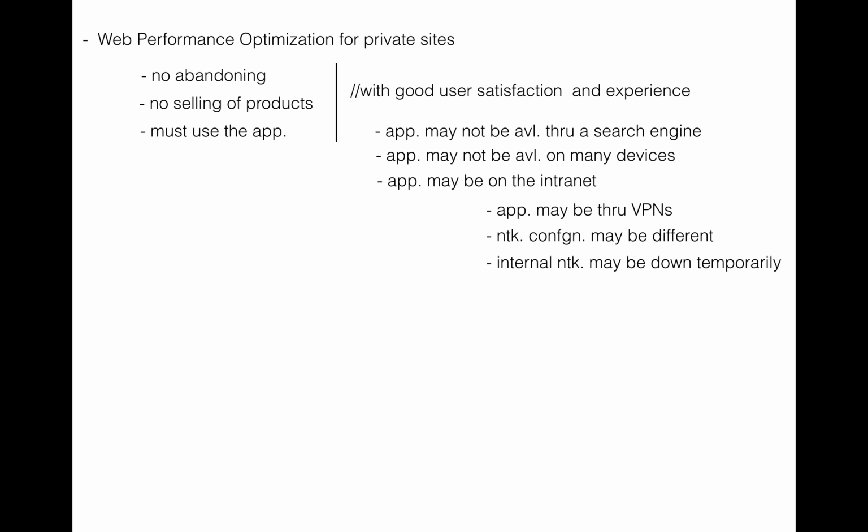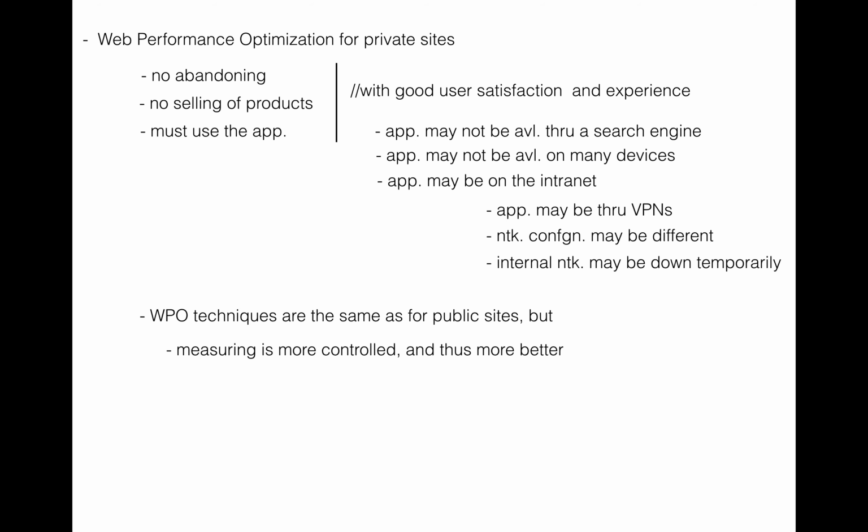Just like with any public site, we can apply the web performance optimization techniques for private sites as well, but with some minor differences. They are, number one, since these private sites are totally internal, there is more control, and hence measuring is more controlled, and thus the performance can be much better.